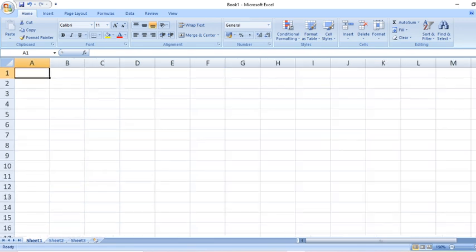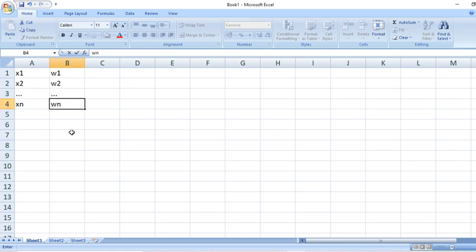For better narration, let me include these values: x1 has weight w1, x2 has weight w2, and so on, last xn has weight wn.